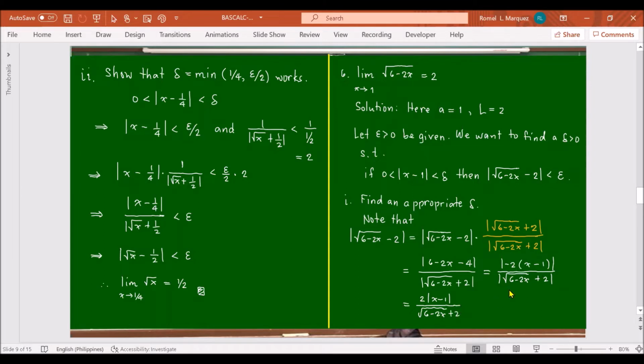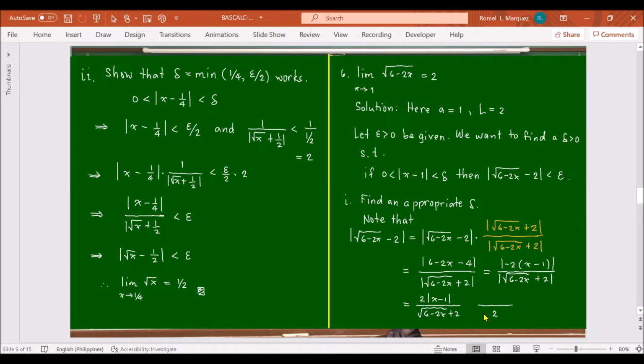Actually, this absolute value is immaterial because if x is in the domain of this radical, this is always greater than or equal to 0. Okay? So if I remove this radical, the denominator here becomes smaller.